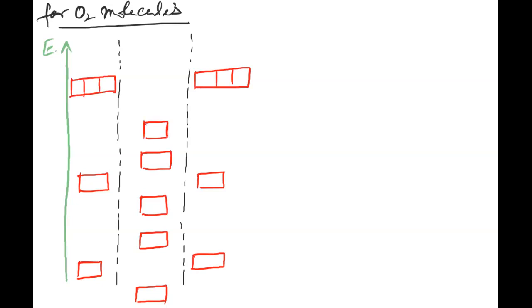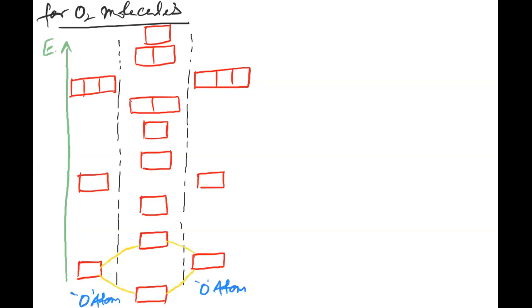In the case of oxygen, here it may be an oxygen atom. This may be the O2 molecule, and again this may be an oxygen atom here. Due to linear combination of the oxygen atoms, another combination is possible here.